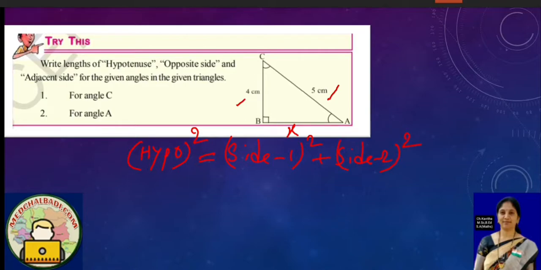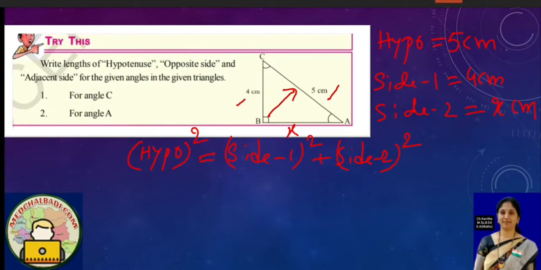So first we have to write what the hypotenuse is here. Here it is 90 degrees, so the side opposite to that becomes the hypotenuse, so hypotenuse is equal to 5 centimeters. Next, consider side 1 as 4 centimeters, and side 2, we don't know, let it be x centimeters.